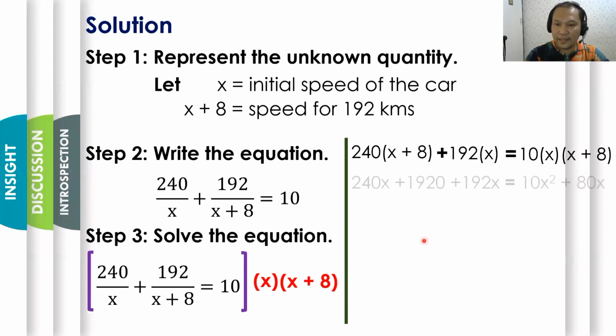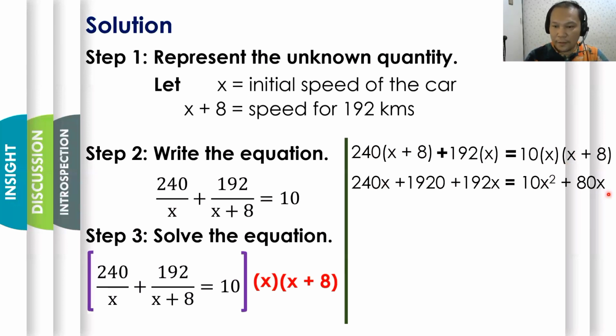After that, we are now going to simplify our equation. Applying the distributive property, 240 times x is 240x, 240 times 8 is 1,920, plus 192 times x, 192x, is equal to 10 times x, 10x squared, and 10 times x times 8, 80x.